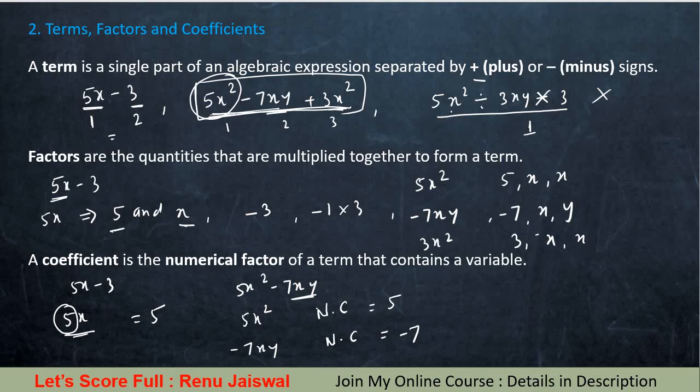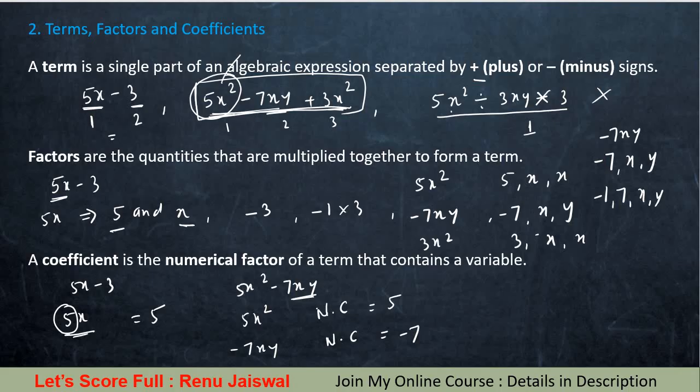Factors means a term which is made up by multiplying the number and variables; the parts we multiply are known as factors. Like if I take minus 7xy, the factors are minus 7, x and y, or even you can write minus 1, 7, x and y.